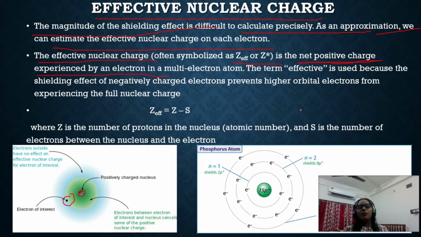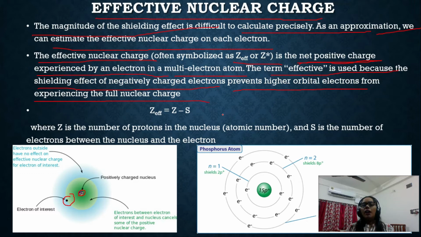Because of the shielding effect, to some extent the attraction force of the nucleus will be lower for that outermost orbital electron. In a multi-electron atom, the term effective is used because the shielding effect of the negatively charged electrons prevents higher orbital electrons from experiencing the full nuclear charge.